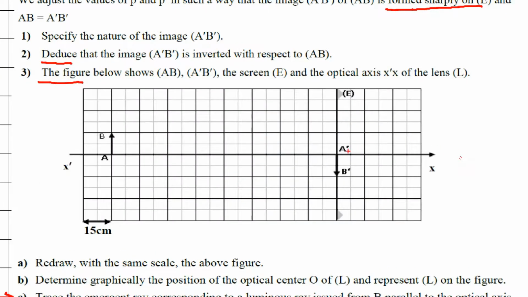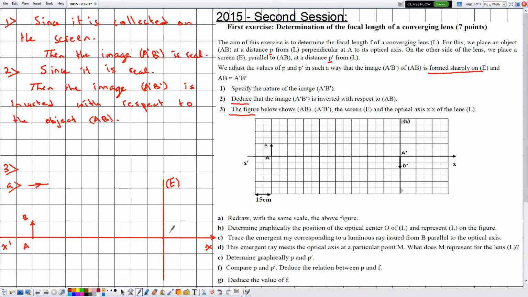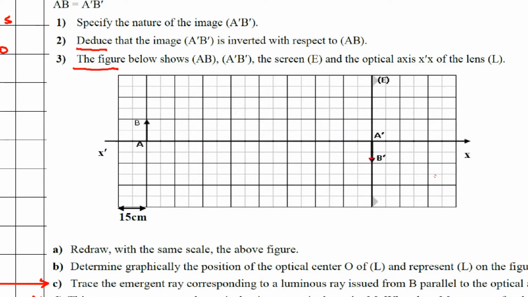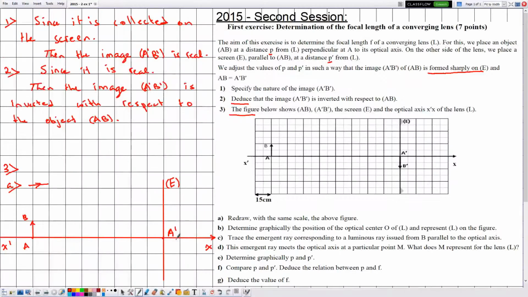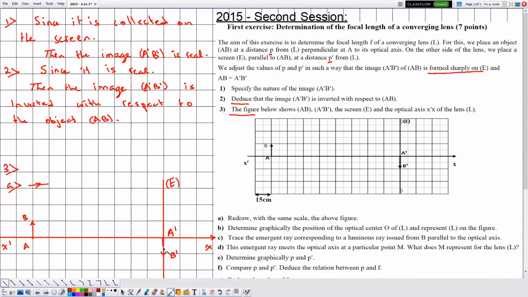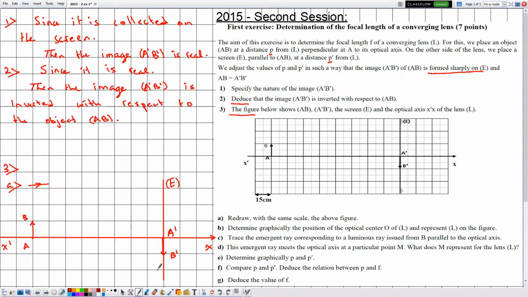And the point A prime represents the intersection between the optical axis and the screen E. And the point B prime is located one division below A prime. Now let's trace the image A'B'. Moreover, the scale along the x-axis is given by 15 centimeters. So this is it for part A.